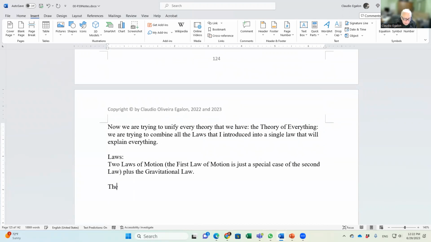In thermodynamics, we have the zero law, the first law, the second, and the third law.